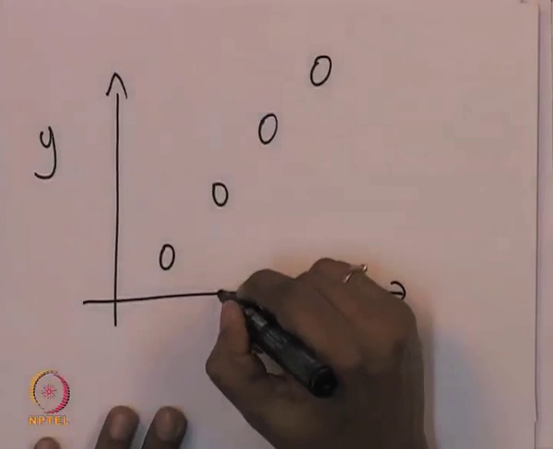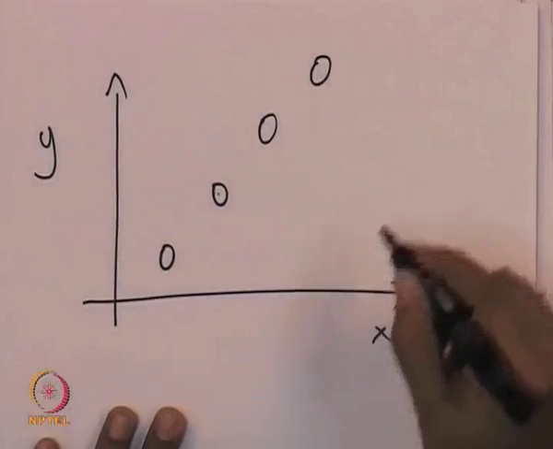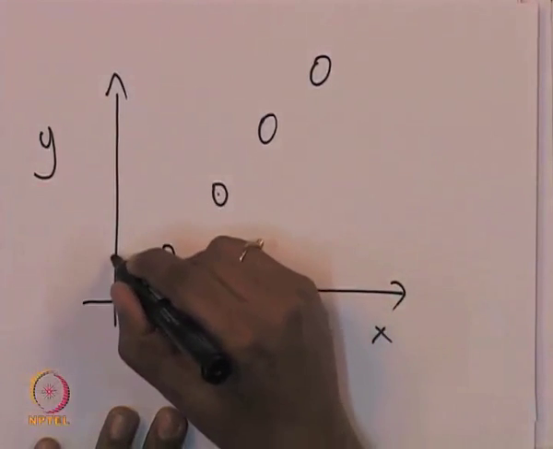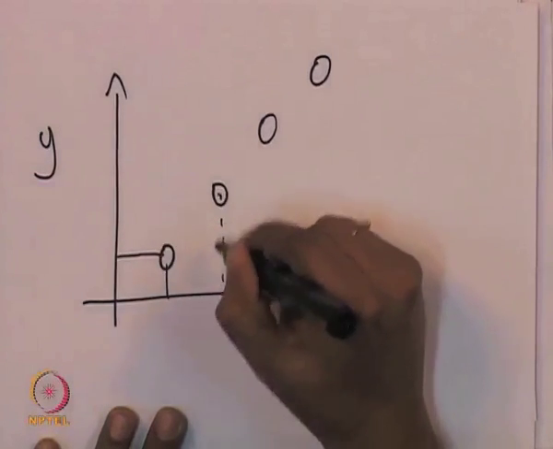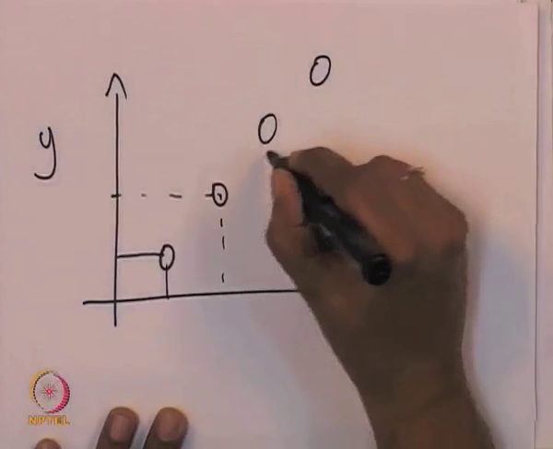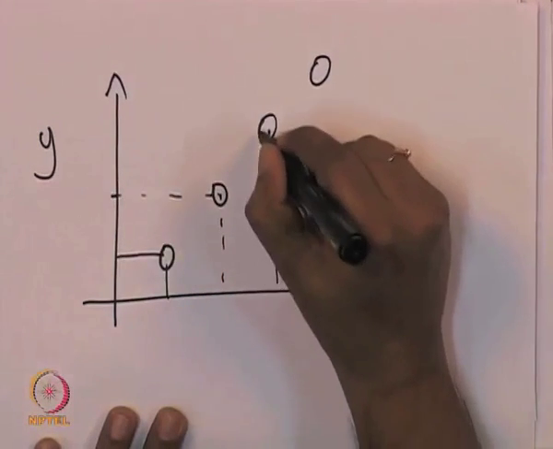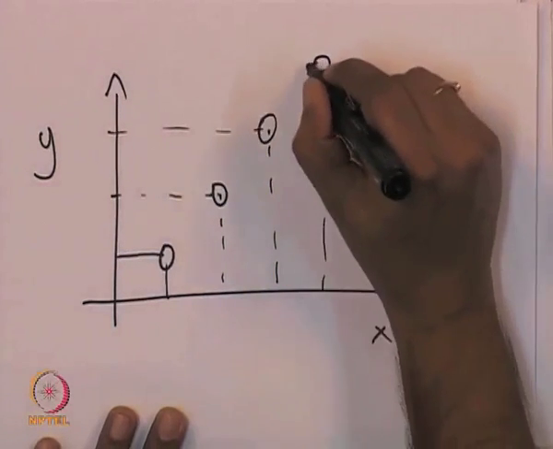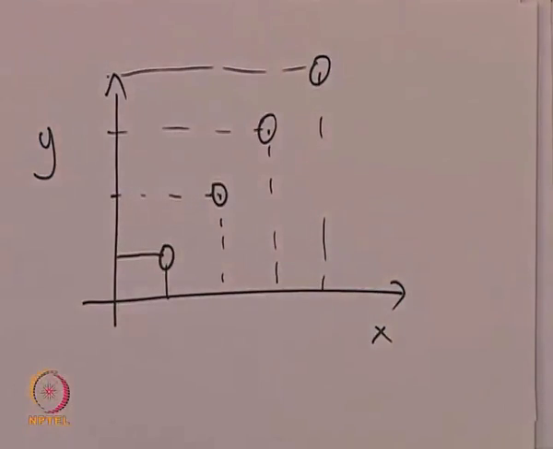These are the data points you get from an experiment, and there is an x value and there is a corresponding y value. This is the x value and this is the corresponding y value, and so on.